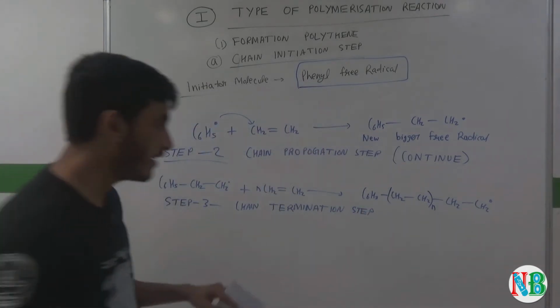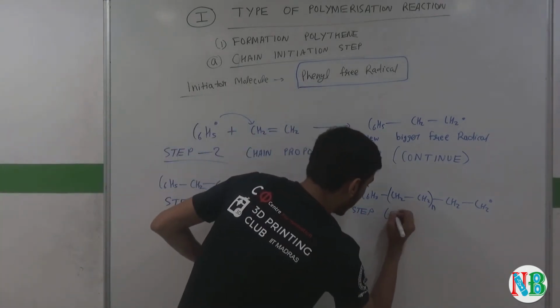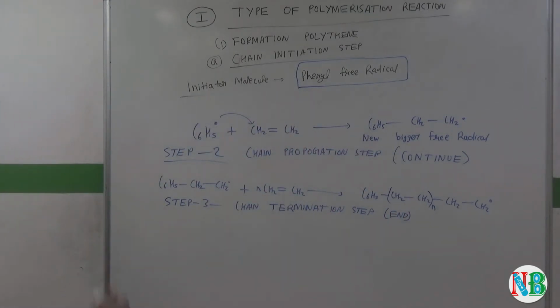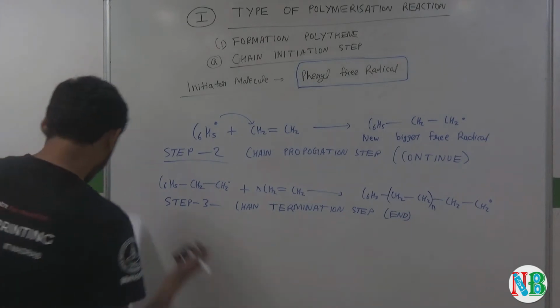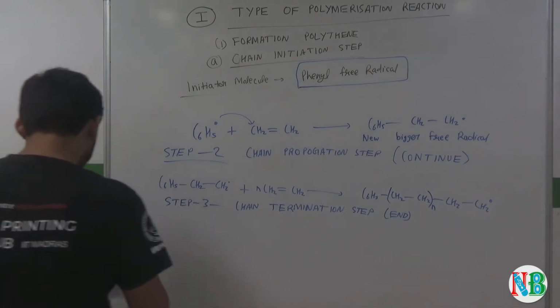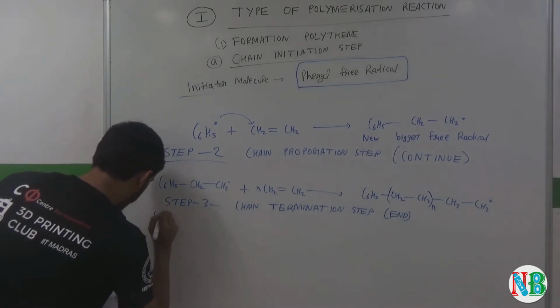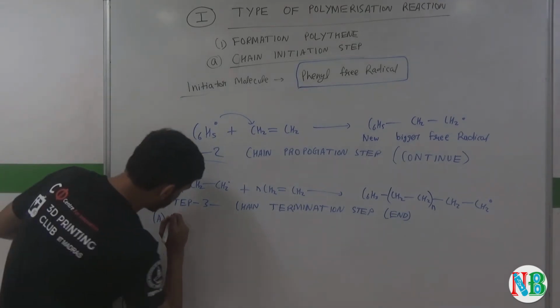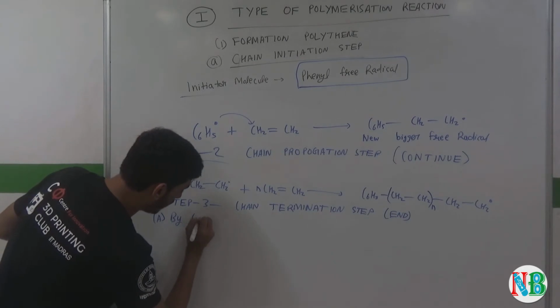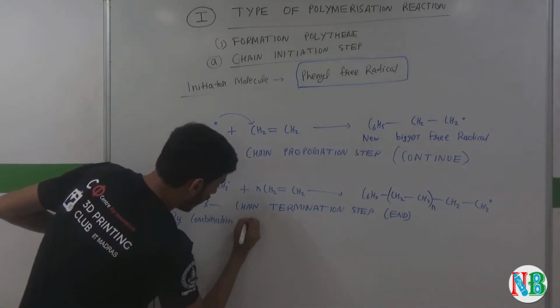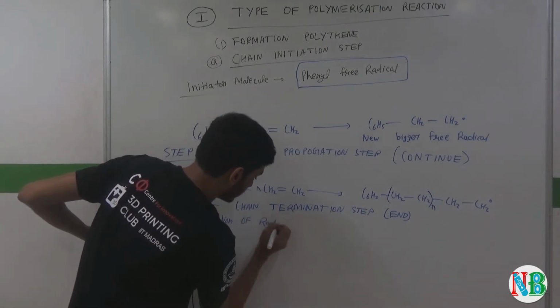And as I said, you have to end the reaction. Now for ending the reaction, there are two types. Let's see them one after the other. The first type is called the combination of radicals.